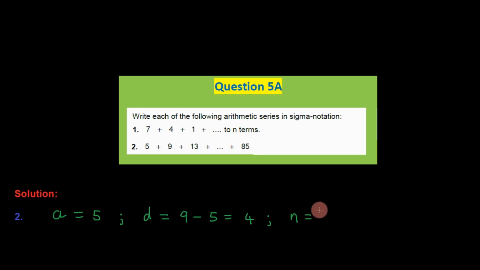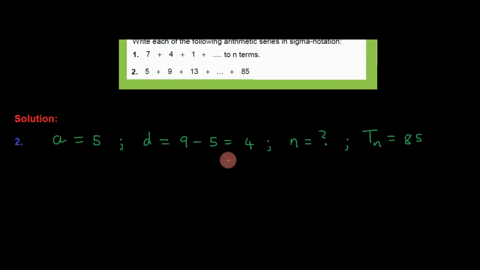We don't have the number of terms, but we do have the last term, or the nth term. That's equal to 85. So we can use the formula T sub n equals A plus n minus 1 times D to first get the number of terms. So let's substitute in.